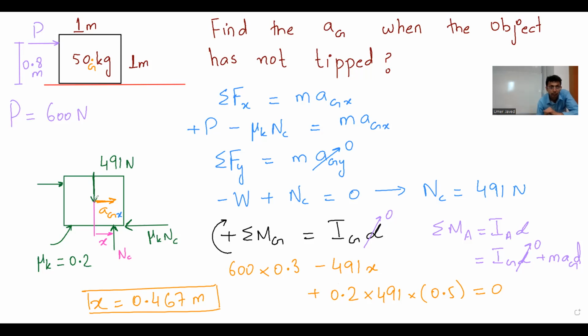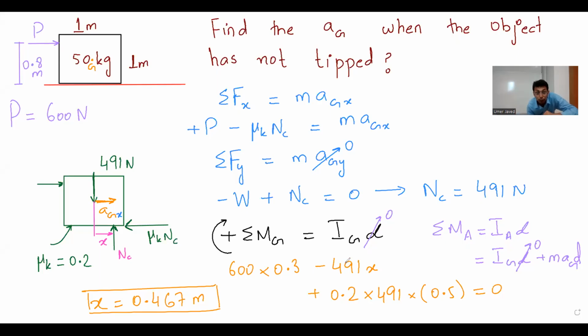Then this distance is x. So I am doing the summation of moment about, wait a second. Did I make a mistake?